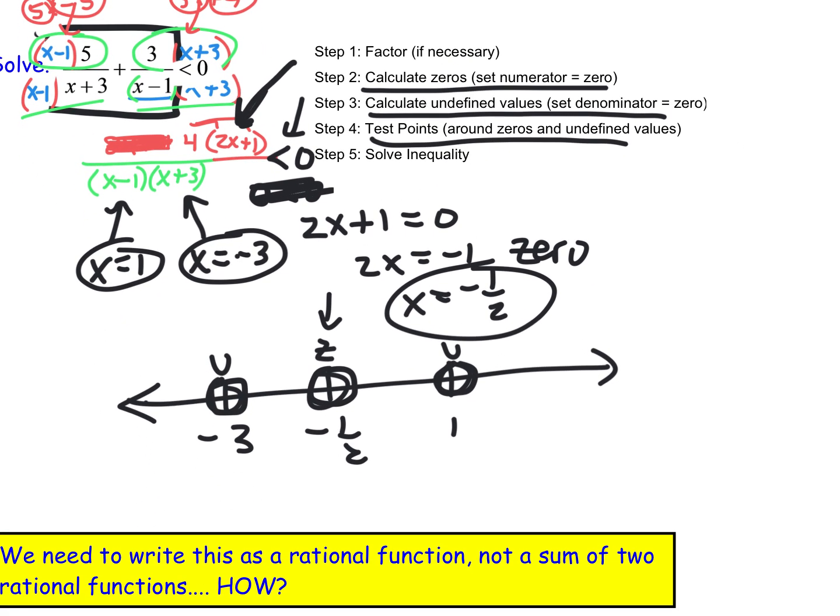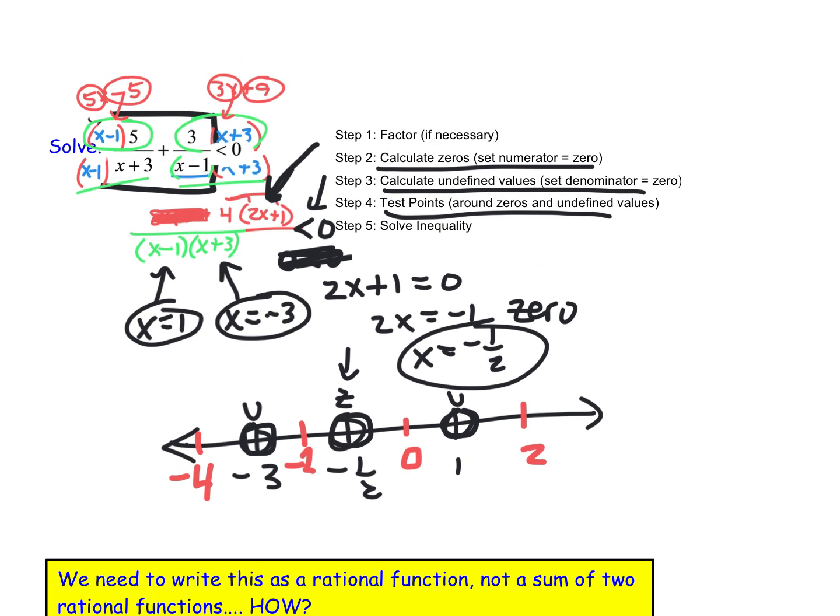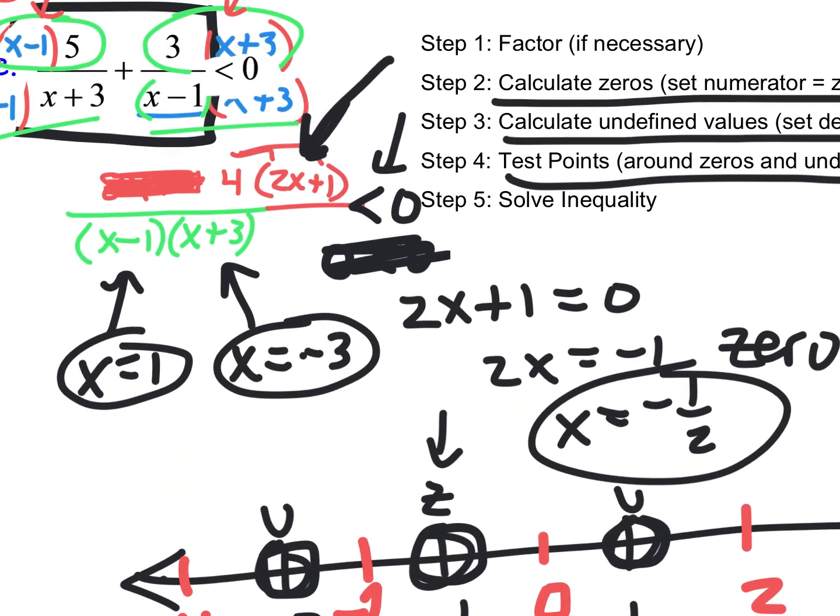All right, so now we're going to test a number like 2, because that's in that interval. This is a little weird, but what's between negative 1/2 and 1? Oh, 0, my favorite thing to test. Super easy. Test negative 2 because it's in there, and maybe test negative 4. When we're testing them, I would not put it back in the original, I would put it back in the factored form one.